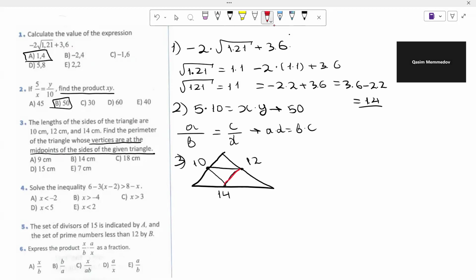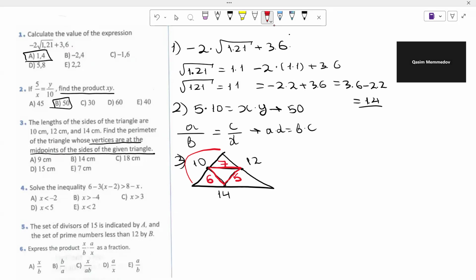Because of the midpoint, it equals half of this side. That's why it equals 5. Because midpoint equals half of the side, this side also equals 12 divided by 2, 6. And this side equals 14 divided by 2, 7.